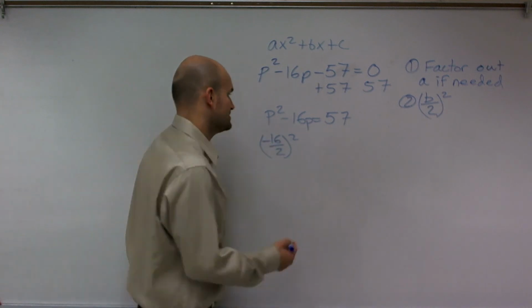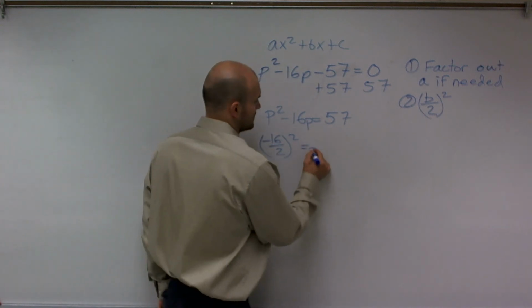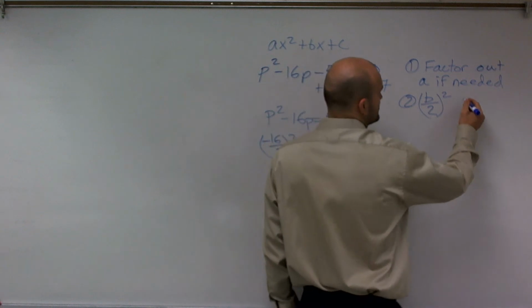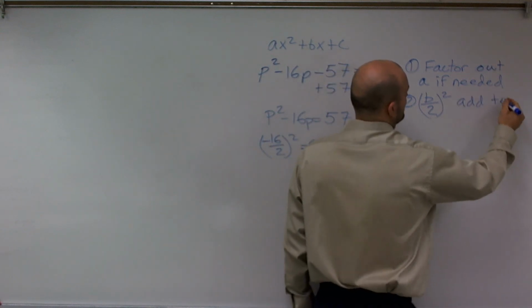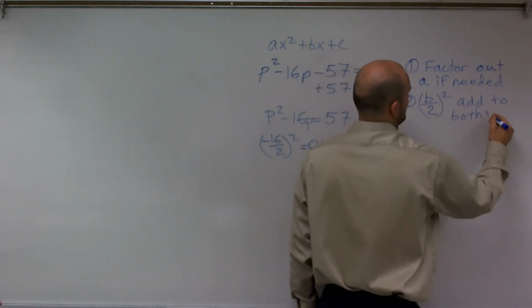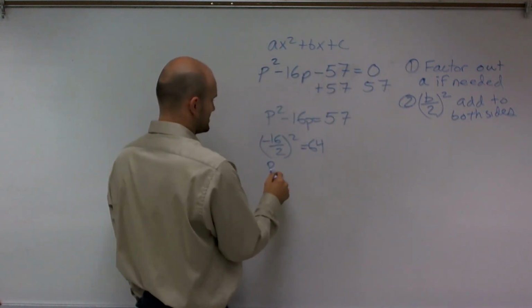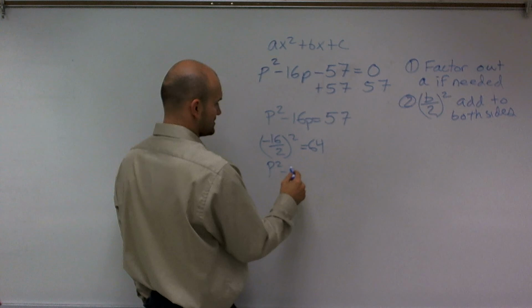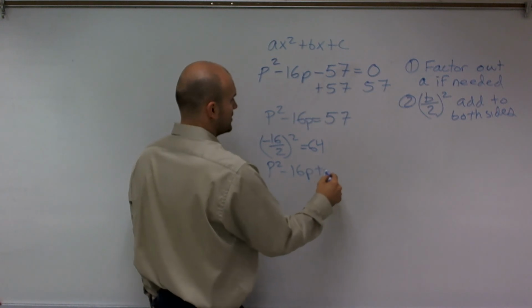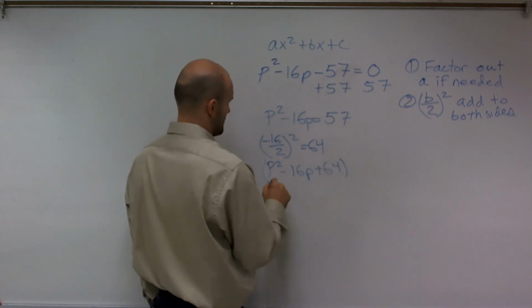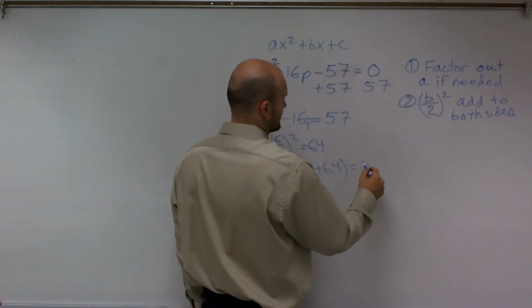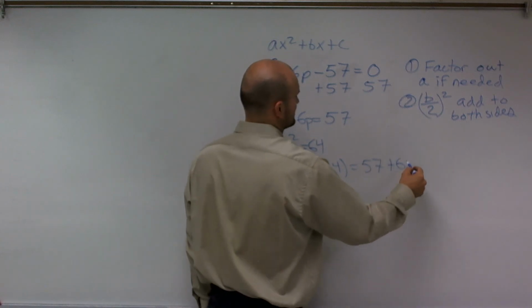Negative 8 squared is positive 64. Then I'm going to add 64 to both sides. So I get p squared minus 16p plus 64 equals 57 plus 64.